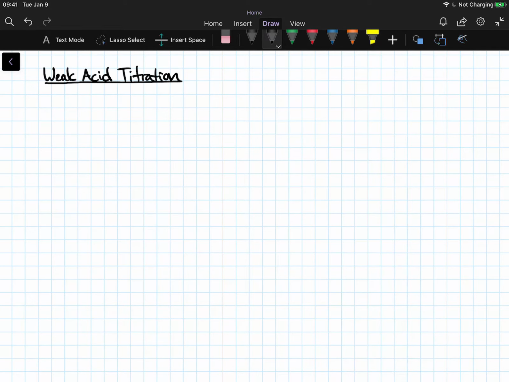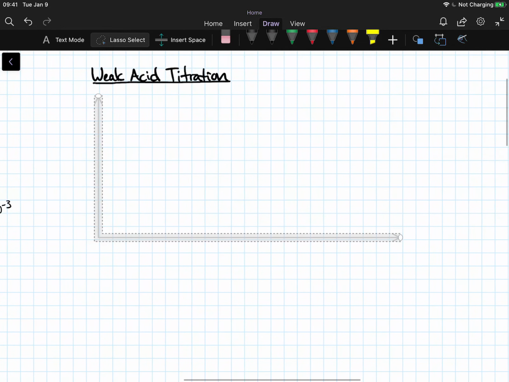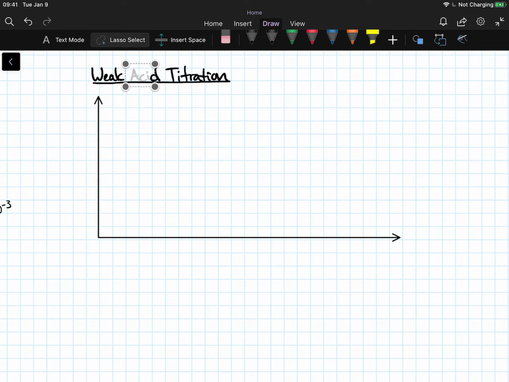I'm just going to draw what it should look like, using some of the data I've gotten from some students. Thank you very much to those students who sent me that data. I can approximate things, but I'm just going to draw a quick little titration curve here. It should look something like this, where you have pH on the y-axis and the volume of the sodium hydroxide solution on the x-axis, and that should be in milliliters.